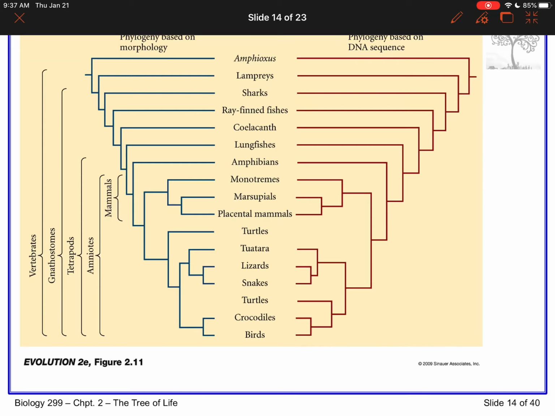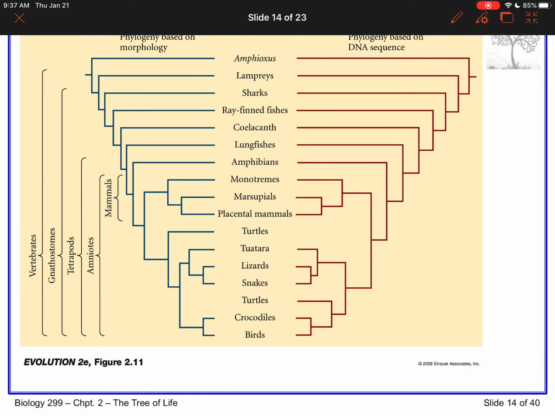Those give us absolute rather than relative dates. Another way to do this is through the concept of a molecular clock. Let's say you're just dealing with DNA sequences and not fossils. Obviously then you can't use radiometric dating, so we need some other way to estimate when these divergence events occur. And the molecular clock concept can be very helpful for that.